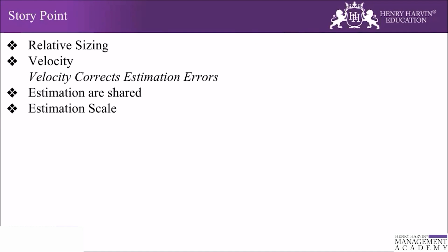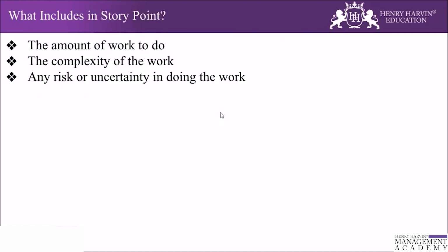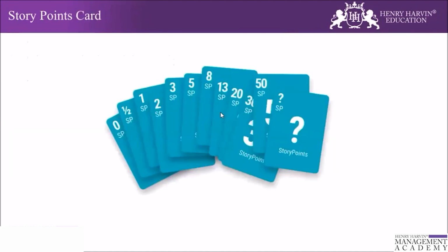We derive the velocity using the story points. These estimates are shared, and this estimation scale is used in the sprint planning meeting. So before we go there, let's try to understand what a story point includes.